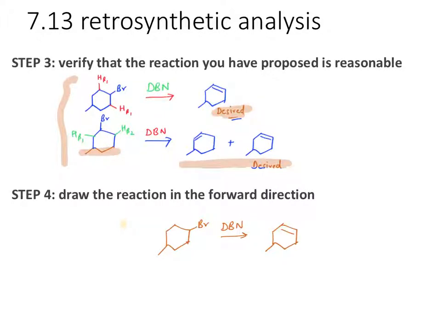So basically, retrosynthetic analysis is used to propose synthesis for a molecule. How do we build a molecule? So we think backwards. This concludes chapter 7, and we will do more problems on retrosynthetic analysis in class.